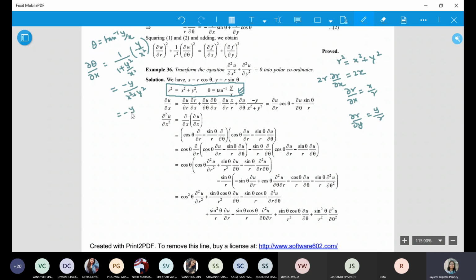So actually it is minus y by r square. Is it okay? Yes, ma'am. Similarly, when you find del theta by del y, this is 1 upon 1 plus y square by x square into 1 by x. So when you simplify, it is x upon r square.